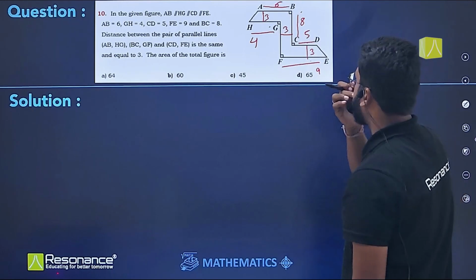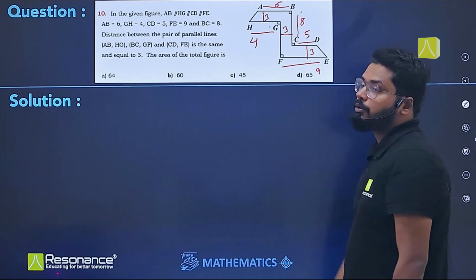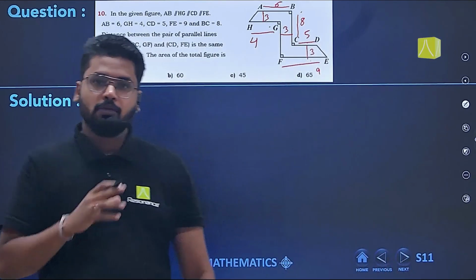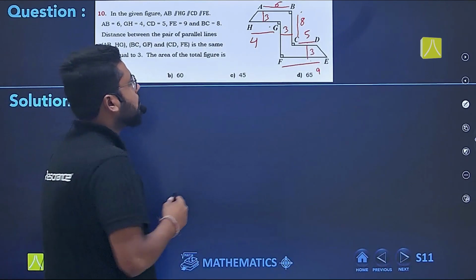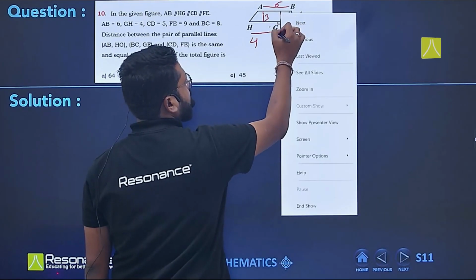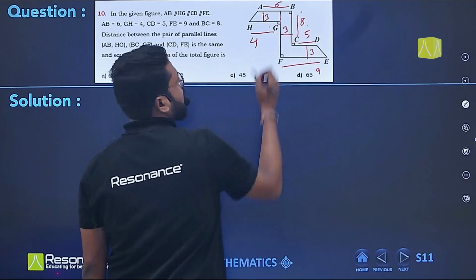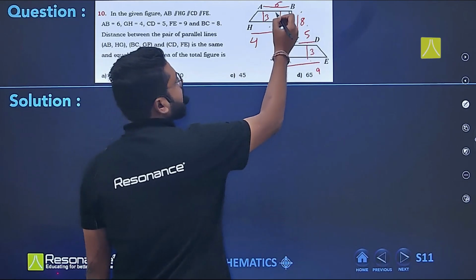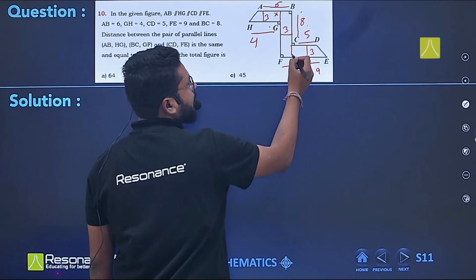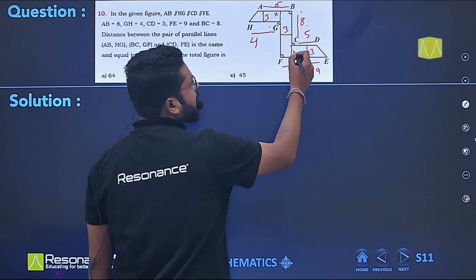First we'll divide the figure into some different figures like trapezium, rectangle, square. This is the hint only because all the dimensions are given. So if you draw a perpendicular here, this will be a trapezium, let it be x. Again from this line if you extend it, this is also a trapezium, let it be y.